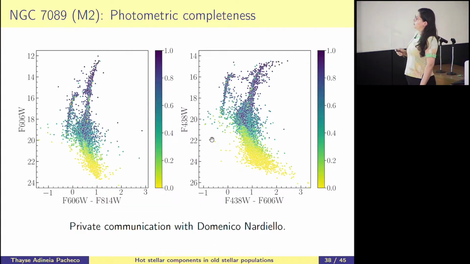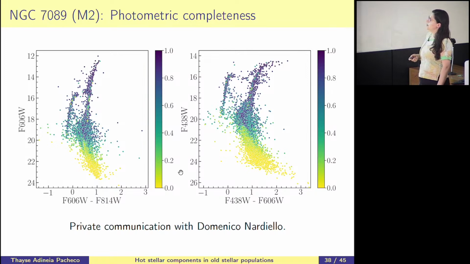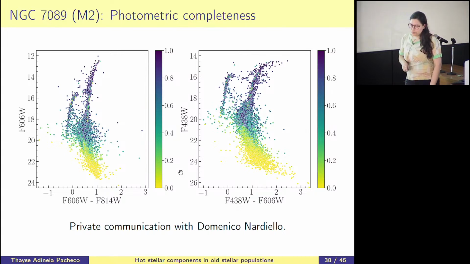Here we considered the photometric completeness of this sample, and I'd like to show you different color magnitude diagrams in different bands.